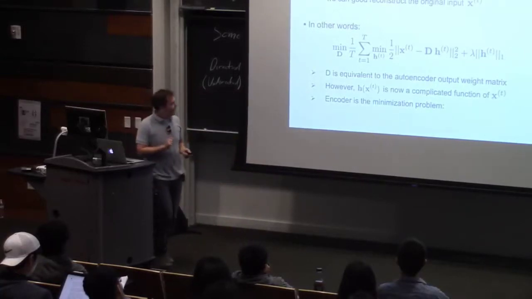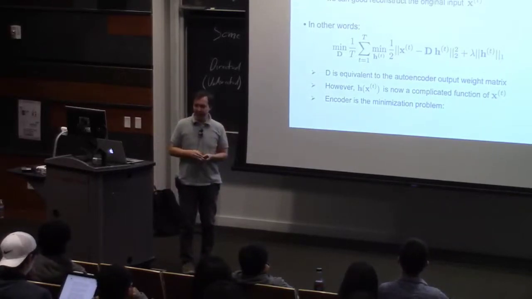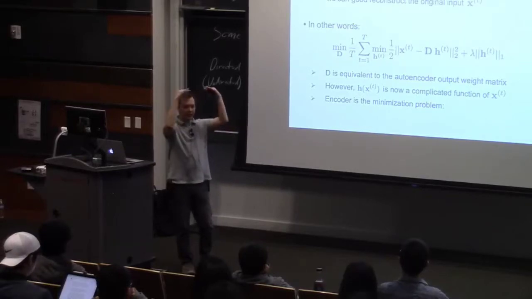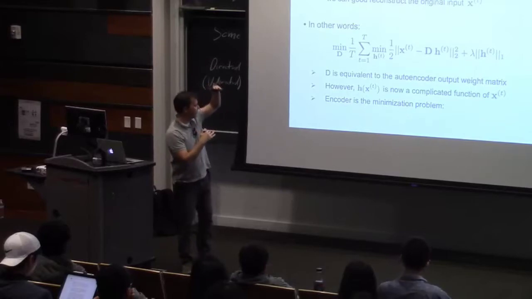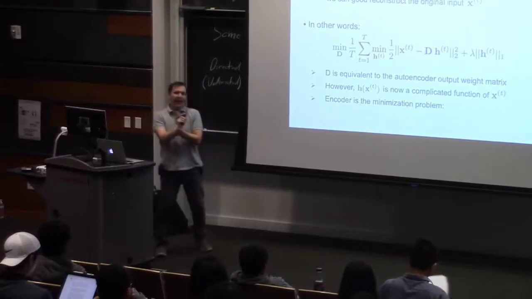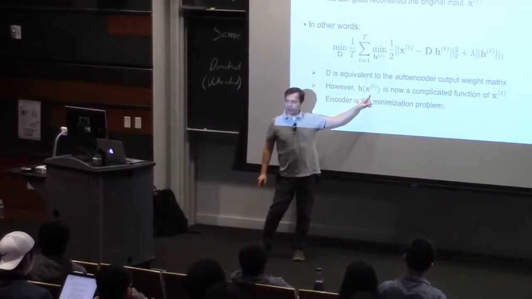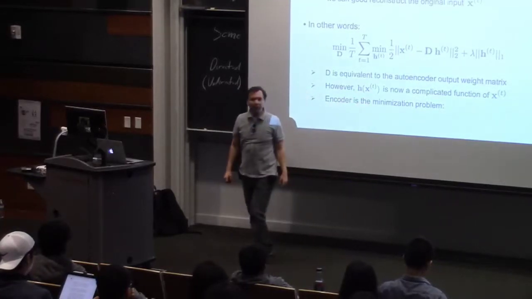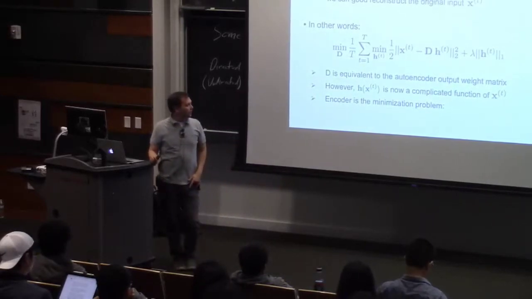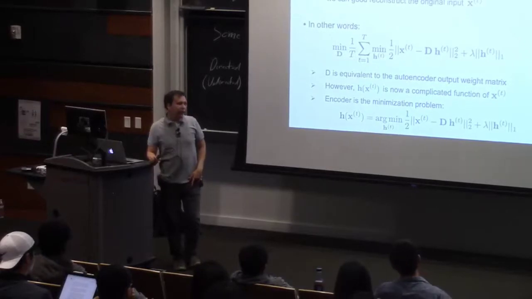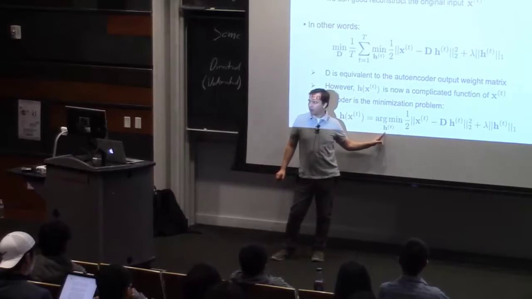So what's happening here? Well, D is equivalent to the autoencoder output weight matrix, right? So you can think of D as follows: given the binary hidden states, you're trying to reconstruct back the original input. But H, the hidden states, which is a function of X, is going to be a very complicated function of X. In fact, in order to get this function, you have to explicitly perform this minimization problem.